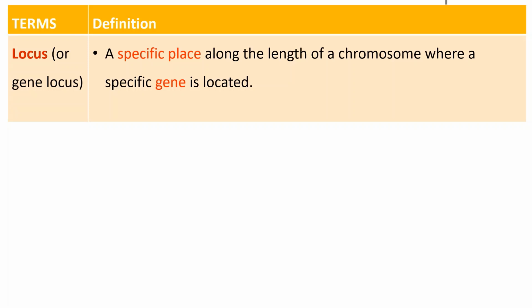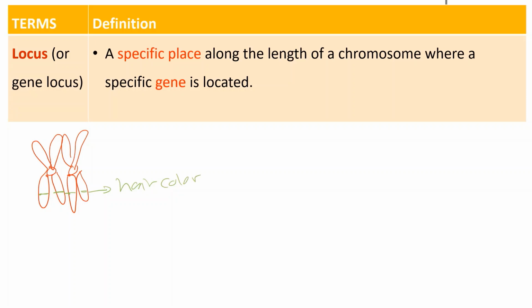Locus, or gene locus, is a specific place along the length of a chromosome where a specific gene is located. A specific gene means it codes for the expression of a certain trait. For example, here you have a pair of homologous chromosomes. Here is the location for the gene that codes for, for example, hair color.